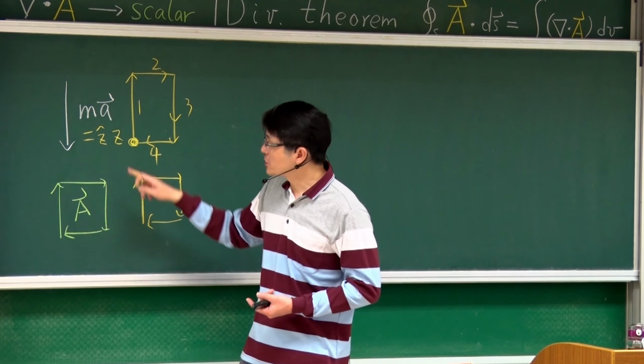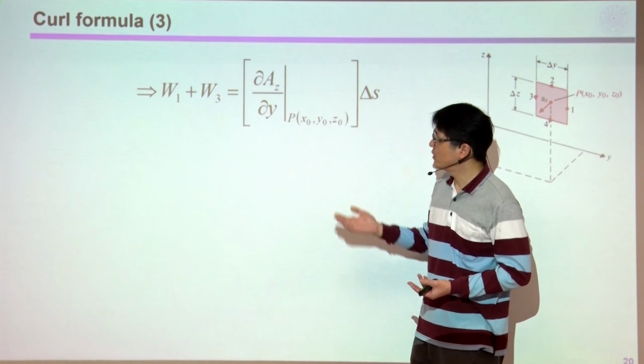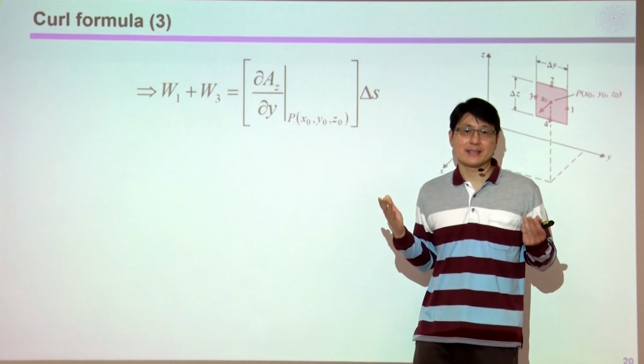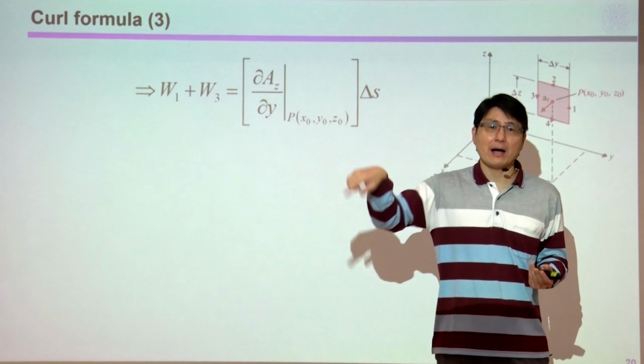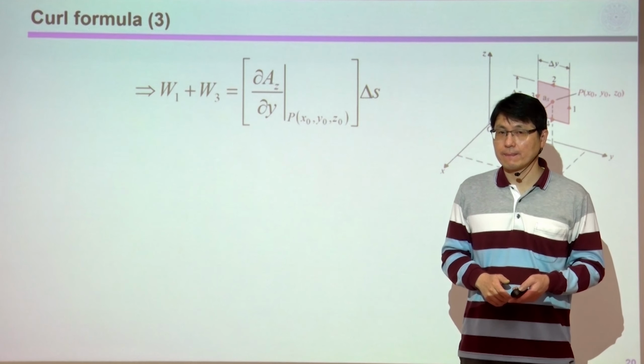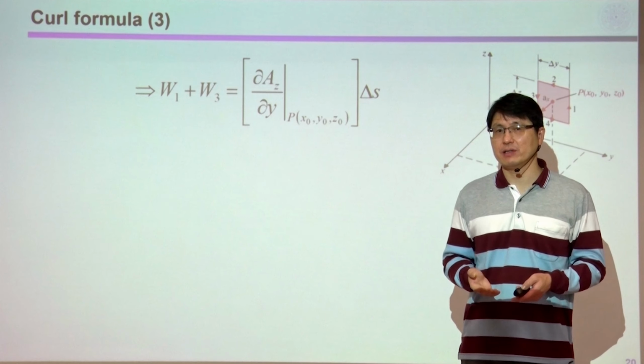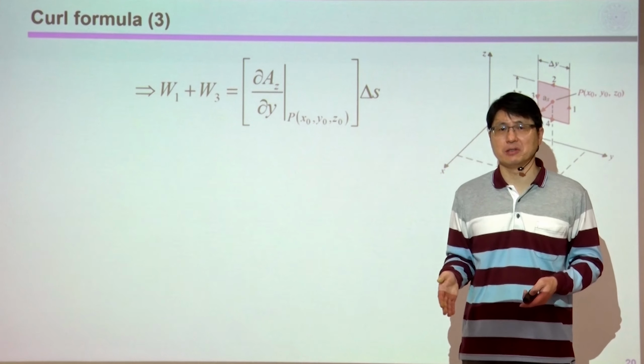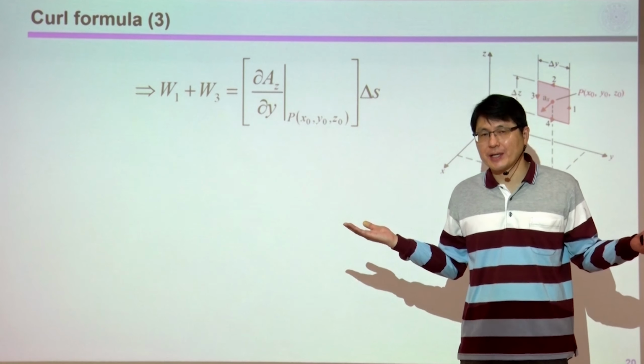So in this case, your AZ making a partial differentiation to Y is 0. Therefore, there's no work done when you walk in a closed loop. Okay? So for a conserved field, you only have a unidirectional field. You cannot have net circulation.